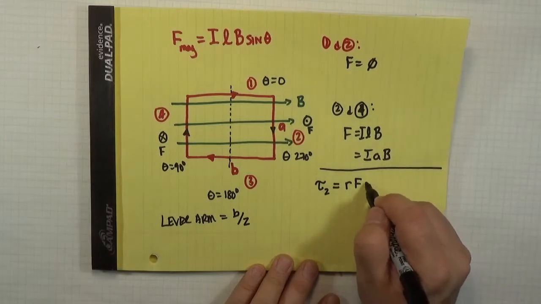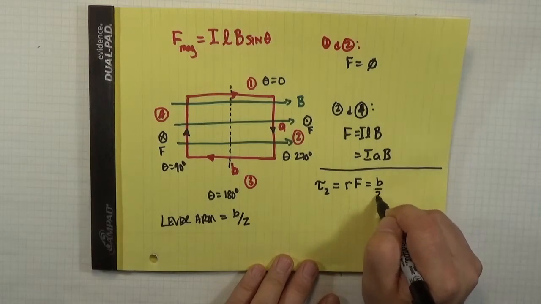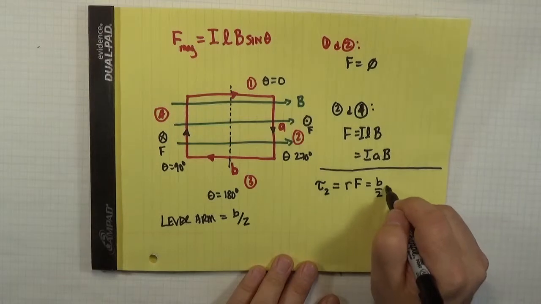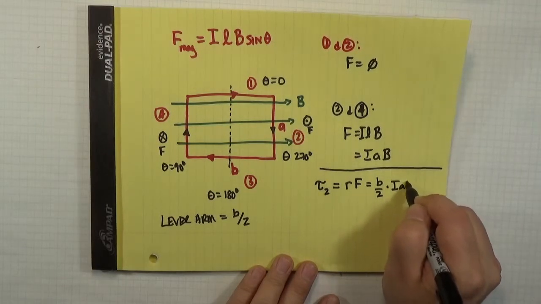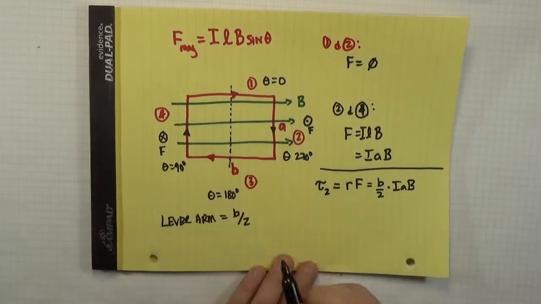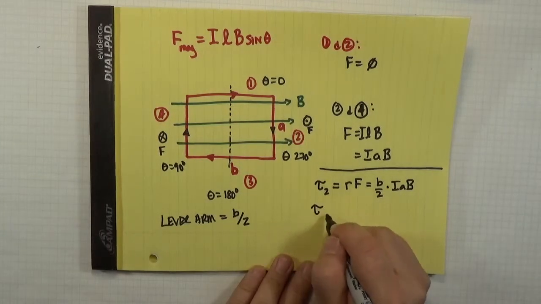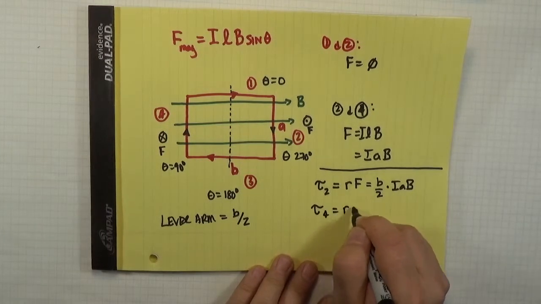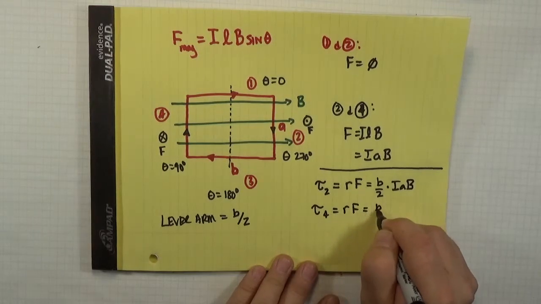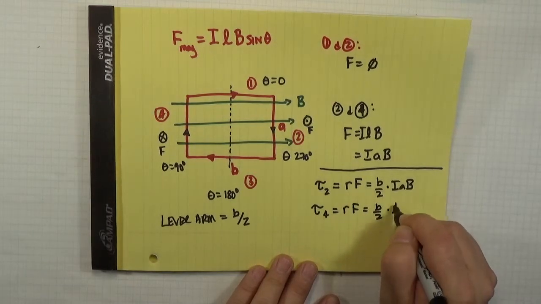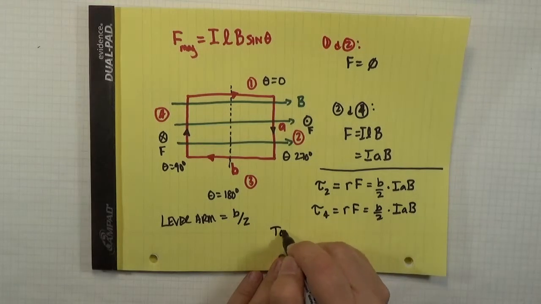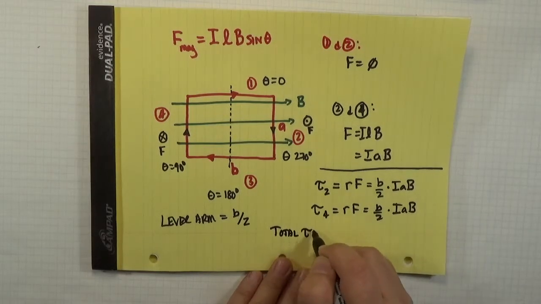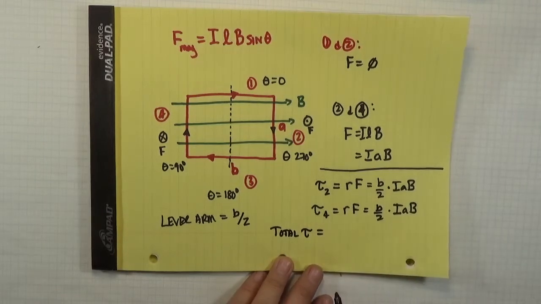So this is just B over 2, the length of my lever arm, times my force, which is IAB. Similarly, the torque on side 4 is RF, which is again B over 2 times IAB. So the total torque is the sum of those two.